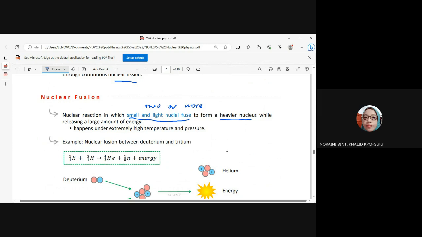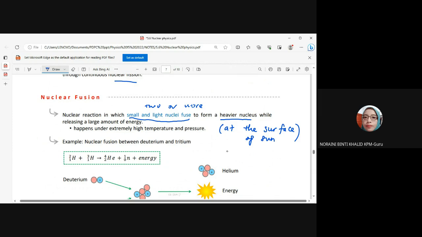Happens under extremely high temperature and pressure, normally at the surface of the sun. Extreme temperature, maybe millions of degrees Celsius. So this nuclear fusion is not suitable to be used in nuclear reactor because they're not at extreme temperature. Baru dia boleh releasekan energy tu.